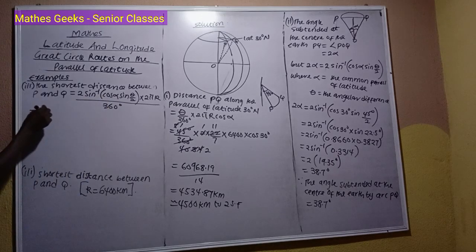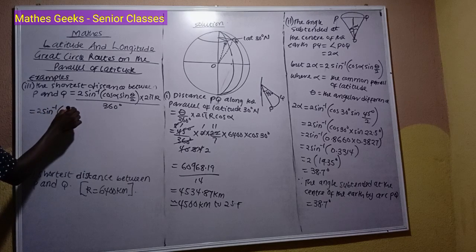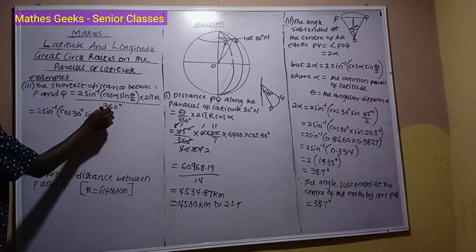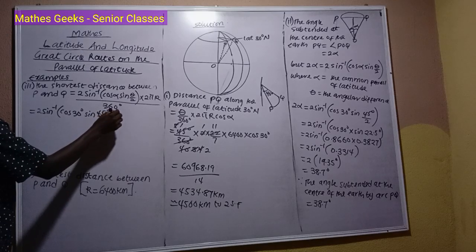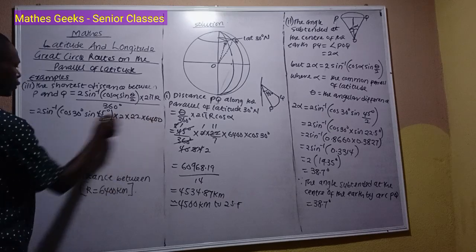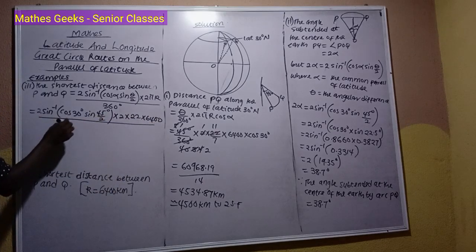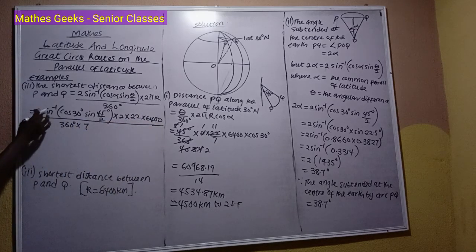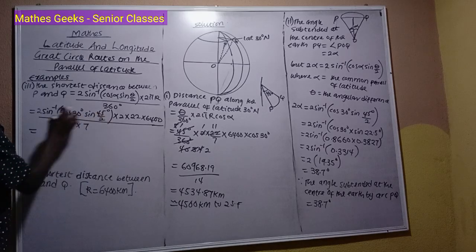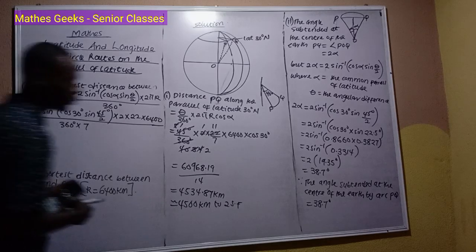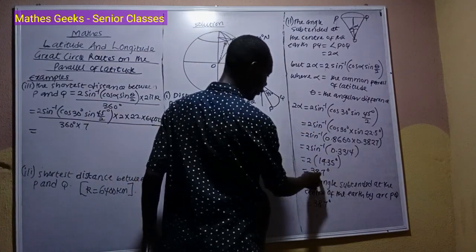That gives 2 arc sine cos 30 degrees sine 45 degrees over 2, which we have done already, and the value is 38.7 degrees.